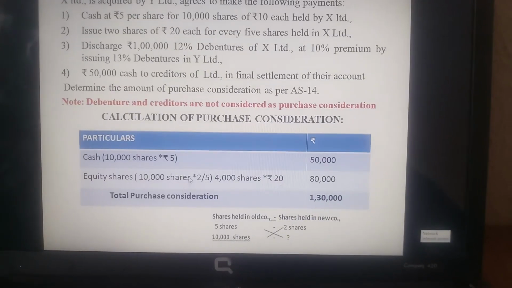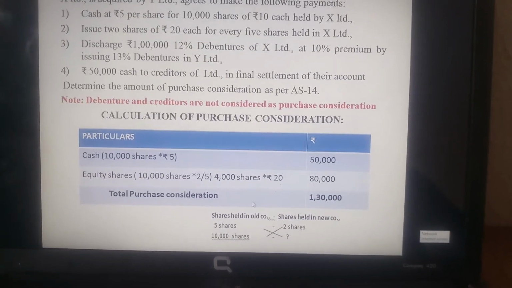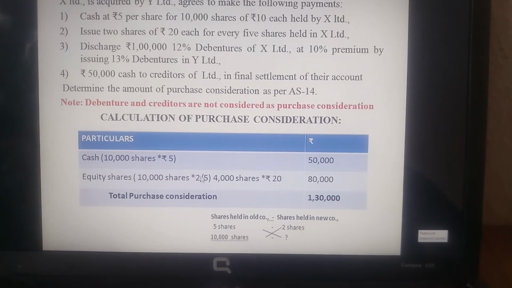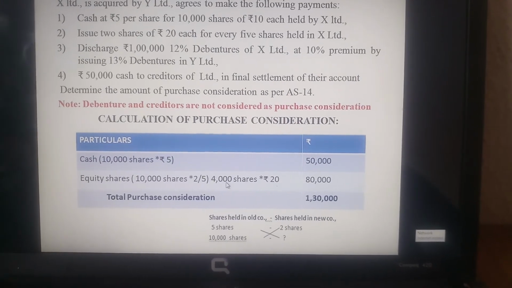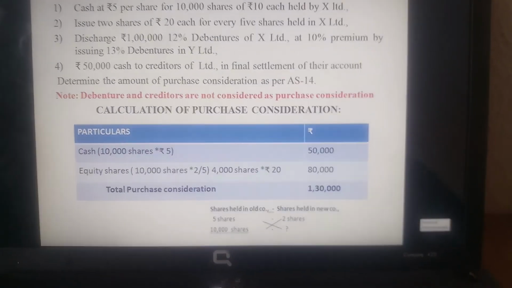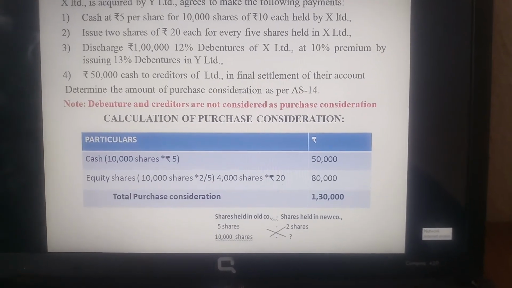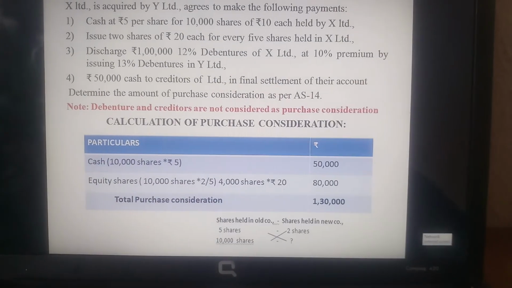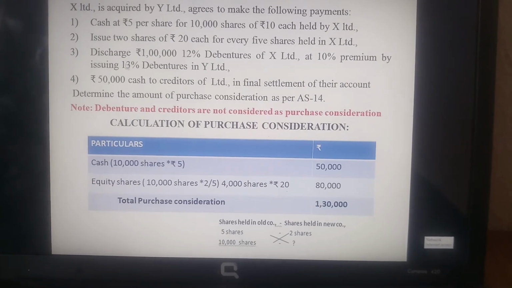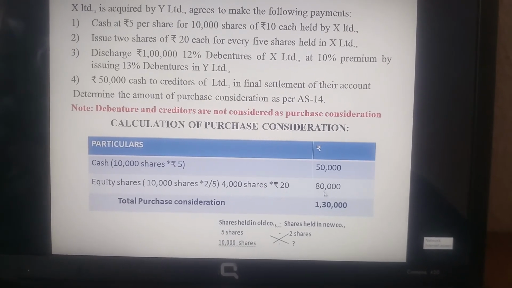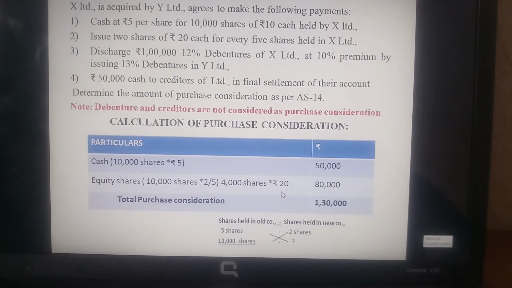While doing cross multiplication, 10,000 into 2 divided by 5, we get 4,000 shares. So 4,000 shares are issued as purchase consideration. So 4,000 into 20, the per share value of rupees 20 is given in the problem itself. So the total value of shares is 80,000 rupees.